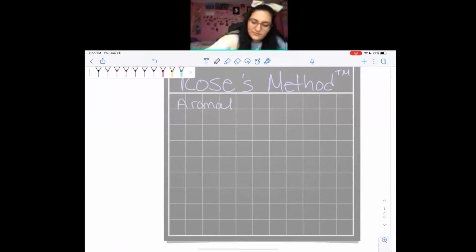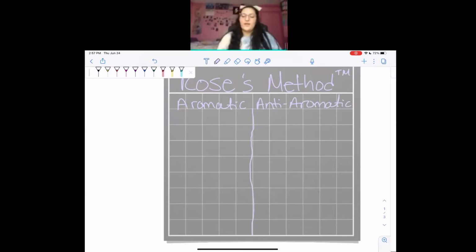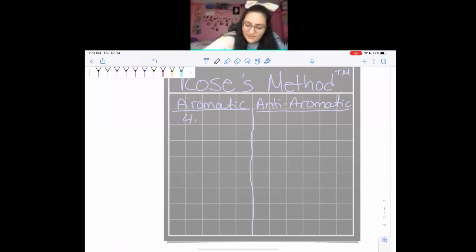So aromatic. Anti-aromatic. And yes, I absolutely can zoom out in like one moment. Okay, so to be aromatic, the rule is 4n plus 2.